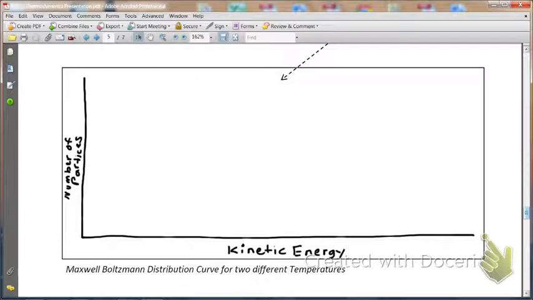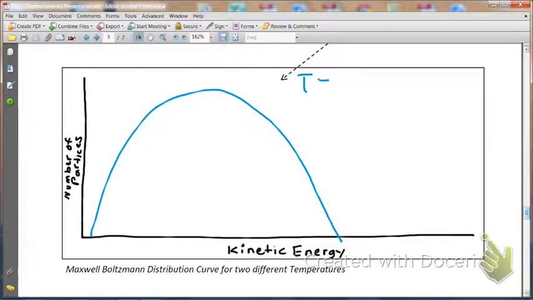All right, so with our curve, I'm actually going to end up drawing two curves at two different temperatures. So this would be our first curve, like so. And we'll say that this curve represents a temperature of 300 Kelvin.